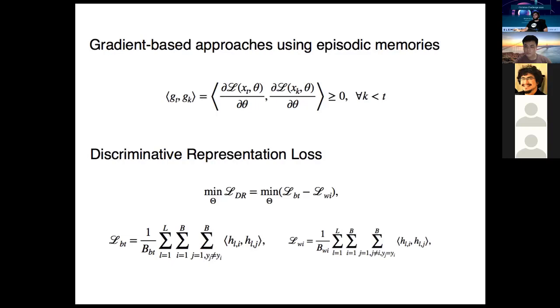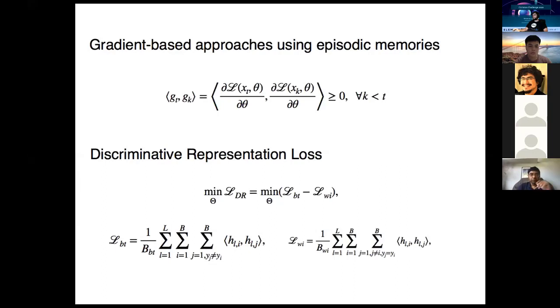It decides the conflict degree of the two samples. If the inner product is negative, the two gradients conflict with each other, they are in different directions. So those methods focus on pushing the inner product to be a non-negative value.